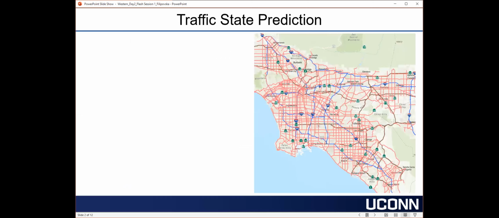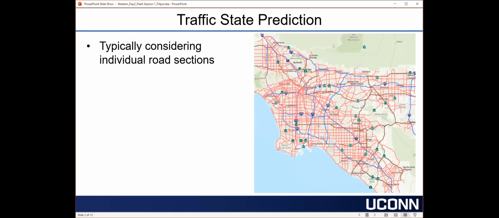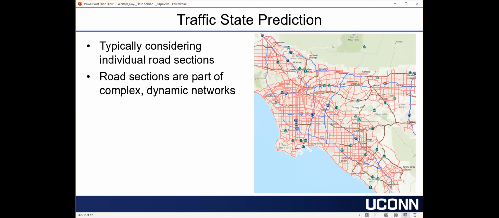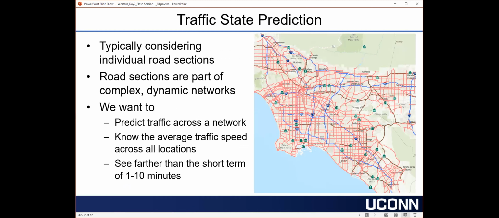Traffic state prediction is typically performed to predict the three macroscopic quantities of traffic: density, flow, or speed. It's typically performed considering individual road sections. But as we all know, road sections are part of complex dynamic networks, so the purpose of this work is to predict traffic across a network.